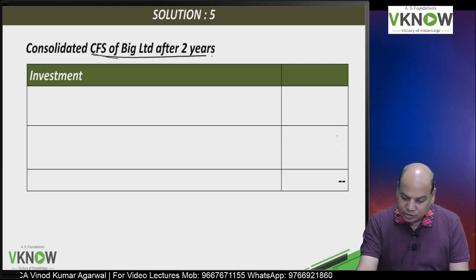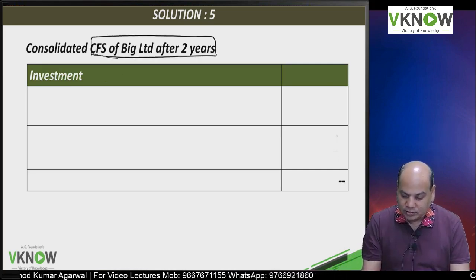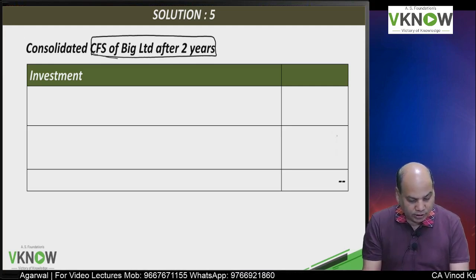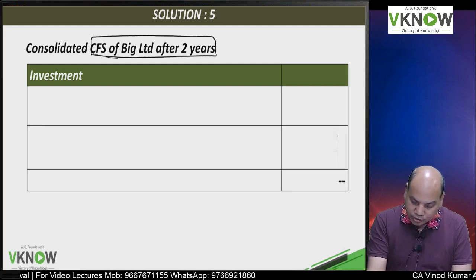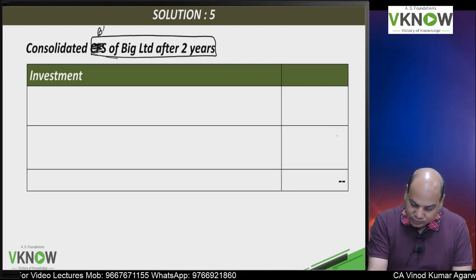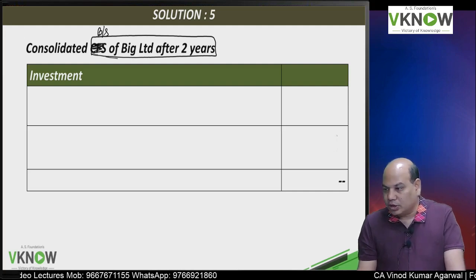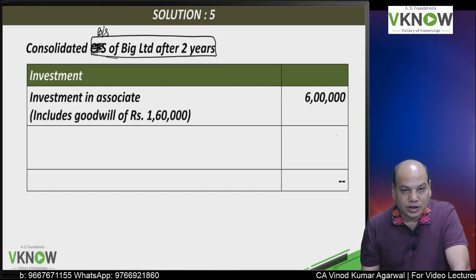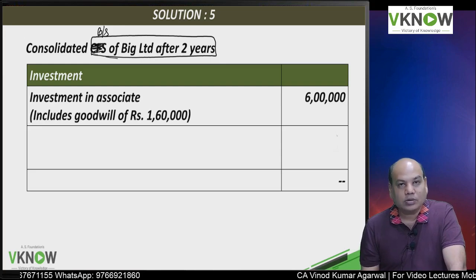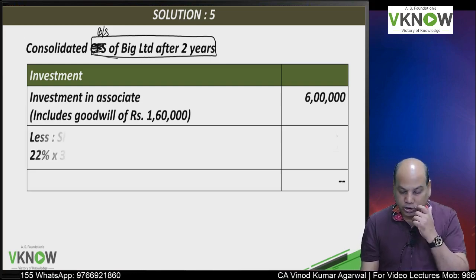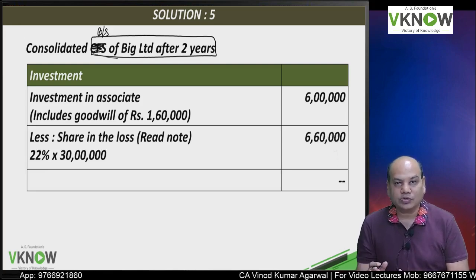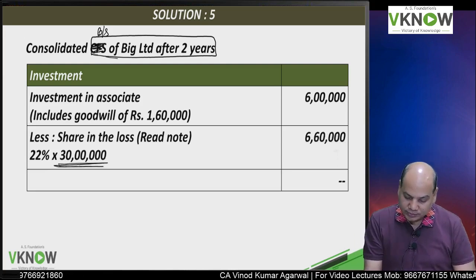How will the consolidated financial statement look like? Instead of CFS you write here balance sheet. How does the consolidated balance sheet look like after 2 years? We had made an investment at a cost of 6 lakh, which includes goodwill of 1,60,000. But during the next 2 years, there was a loss incurred by the associate, 30 lakh.